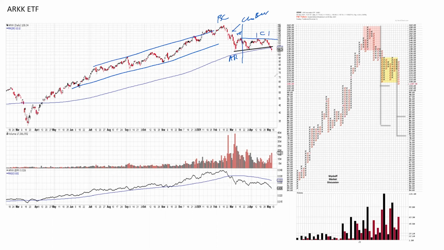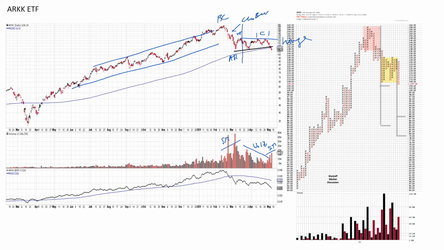You can see that each attempt to rally off of that automatic reaction low has been to a lower high. And so this has set up what we commonly call a hinge. And you can see it, these are two converging trend lines. And so now, interestingly, today we're down to this really important support level, which you can see quite well on the point and figure chart on the right.